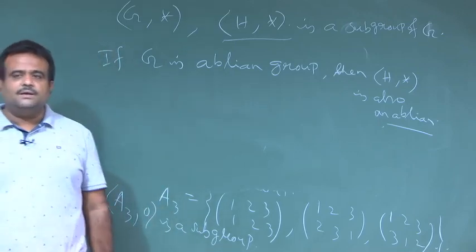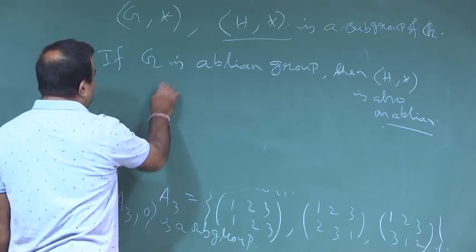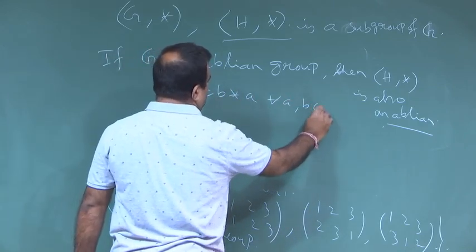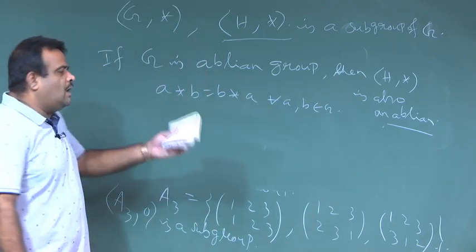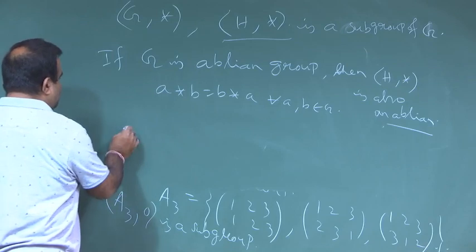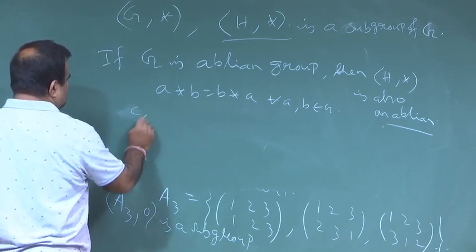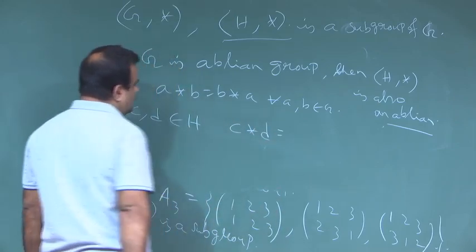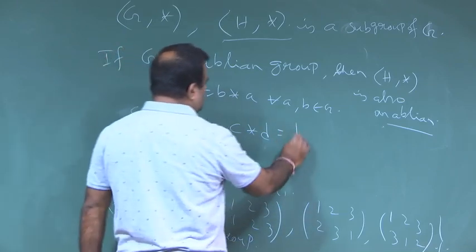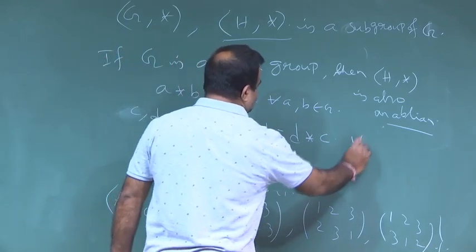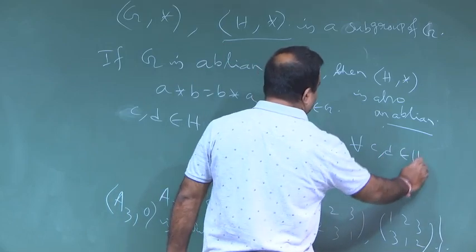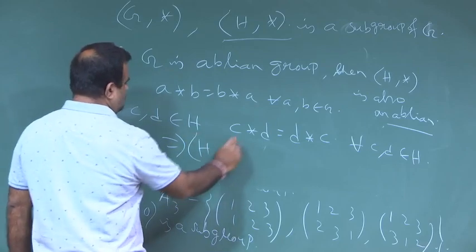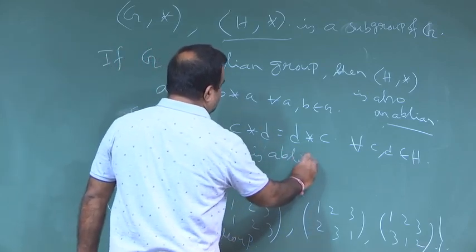Why? Because if G is abelian, then A star B is equal to B star A for all A, B. Now, how to show H is abelian? If you take any two elements, say C, D from H, then C star D are also elements in G. So, C star D will be D star C, and this is true for all C, D belonging to H. So, this implies H is also an abelian group.